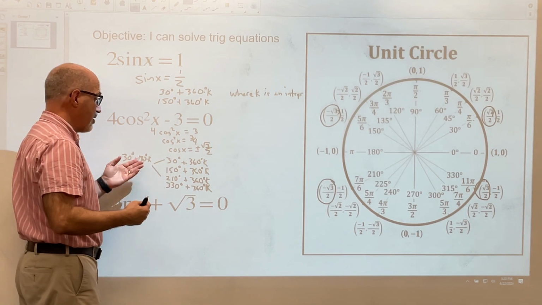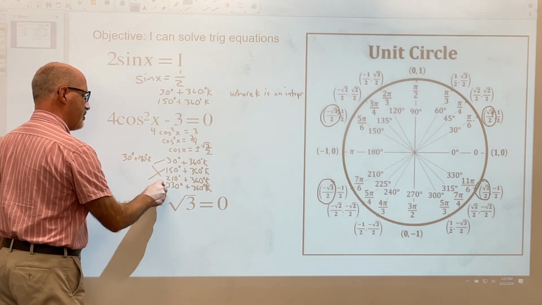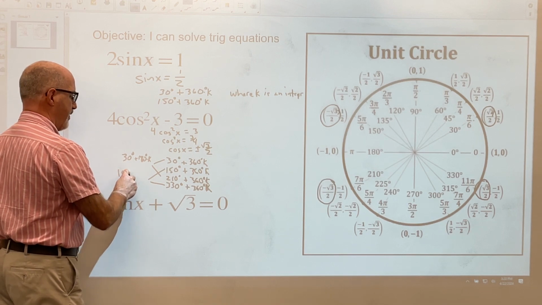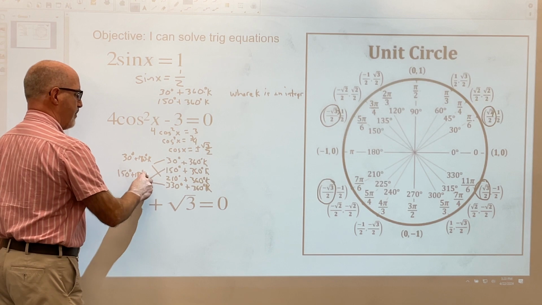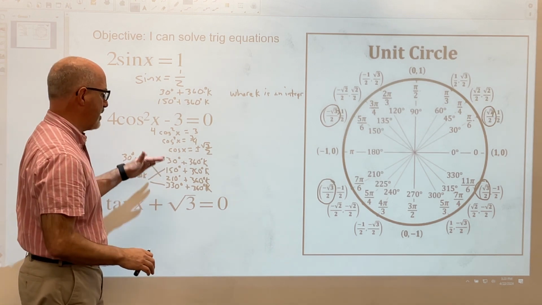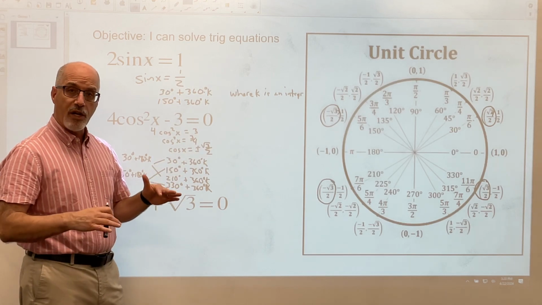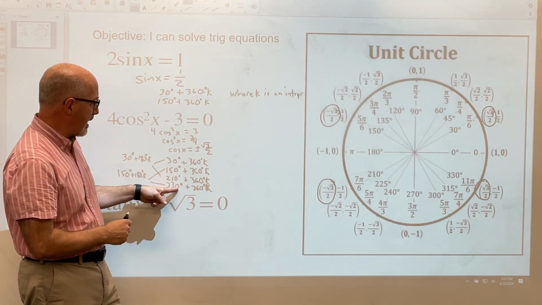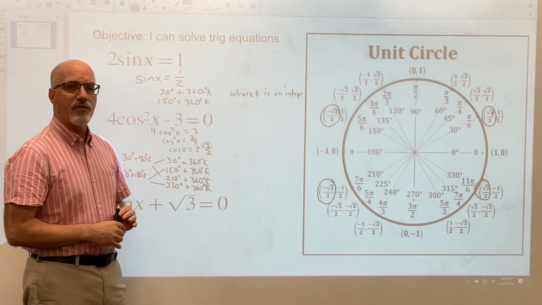So this is a little more elegant if I combine those two. Or if I put these two together, they're also 180 apart. So I could put 150 degrees plus 180k. So sometimes you'll see enough repetition that they'll repeat on a more regular basis than 360. These are correct. This is just a little more elegant, a little more reduced in the format that we write the answer.